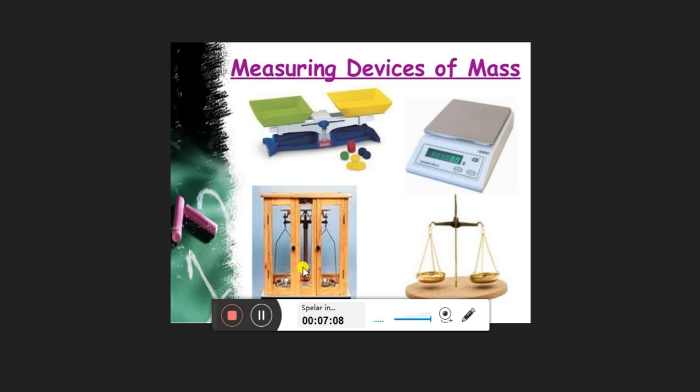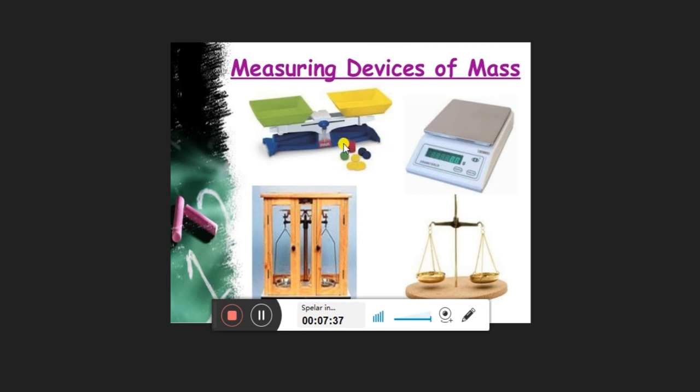Similarly, in laboratories, for measuring salts or the components involved in a reaction, a small amount is very crucial. If the amount becomes more or less, it will readily affect the reactions and give the wrong product. So for measuring the mass of sensitive things, the physical balance is used.